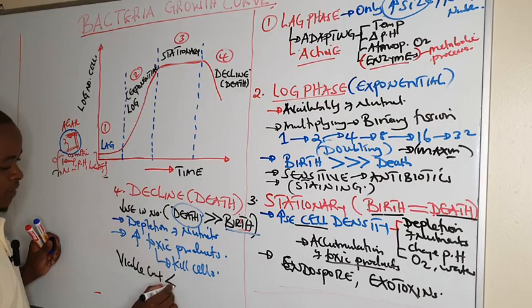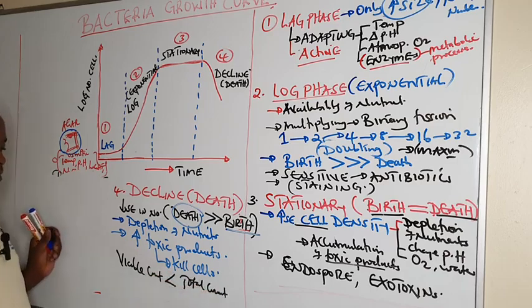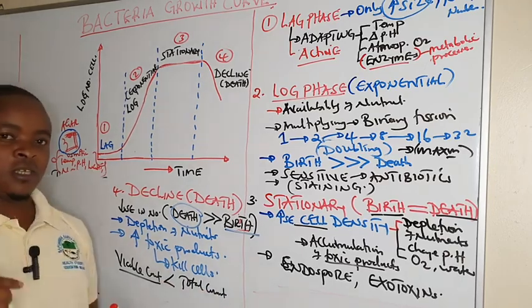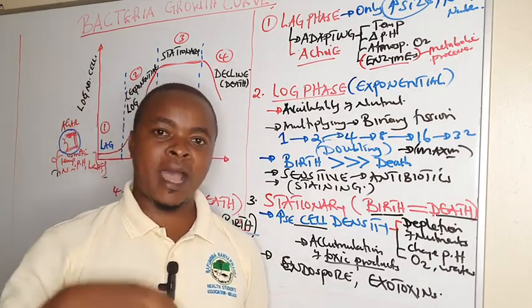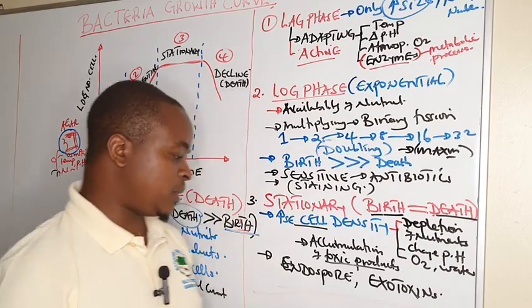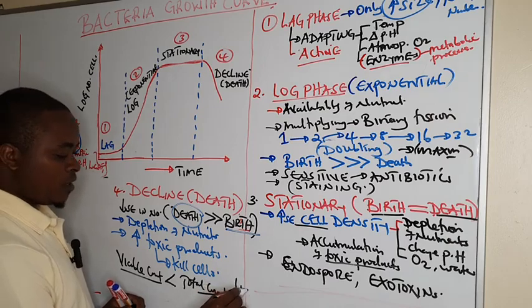And it is at this stage whereby the viable count is less than the total bacterial count, whereby the viable count is the number of bacteria that are living or that are metabolically active and are able to multiply, whereas total count includes both those which are living and those which are non-living.